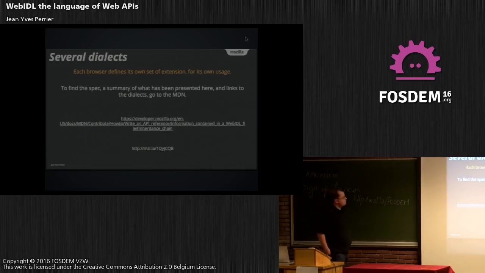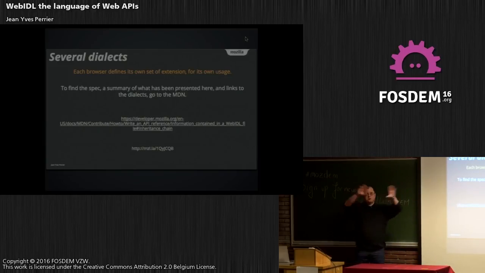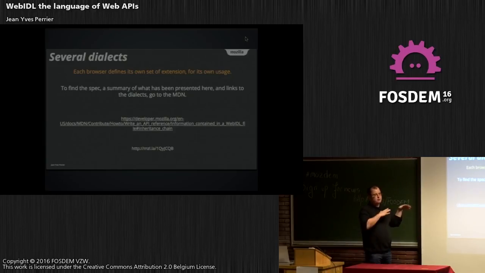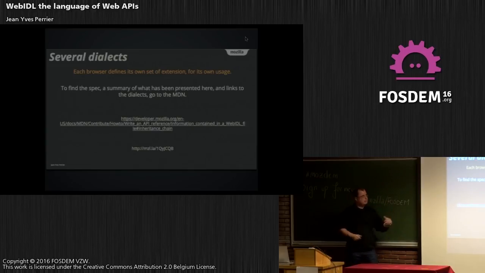So we have these different dialects. If you want to go into more detail, this is only the overview. There are about 300 keywords that can be added to tell different things about elements inside WebIDLs.